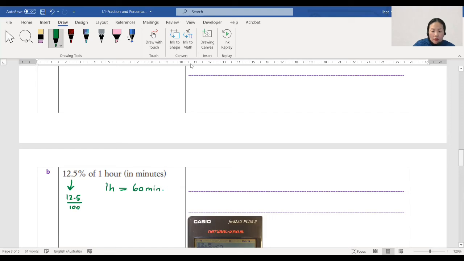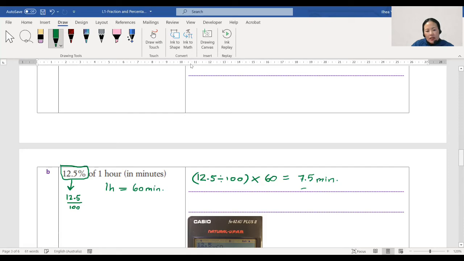So let's do it that way: 12.5 divided by 100, that's the percentage part. And then times, of is times, and then I've got 1 hour, which I need to change to 60 minutes. Put that in your calculator and you will get 7.5 minutes.